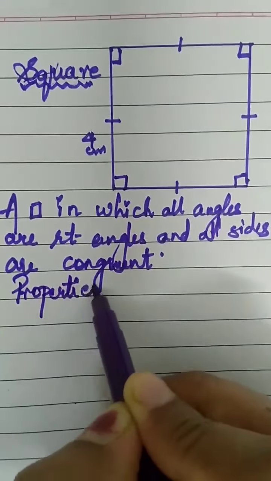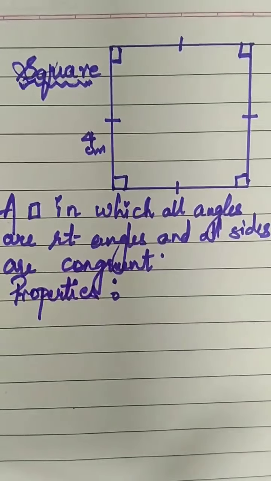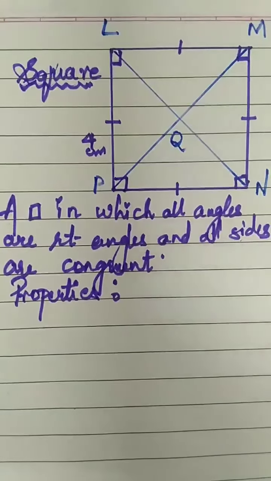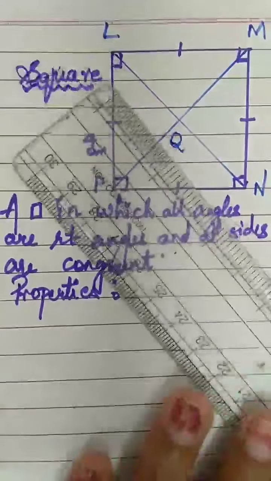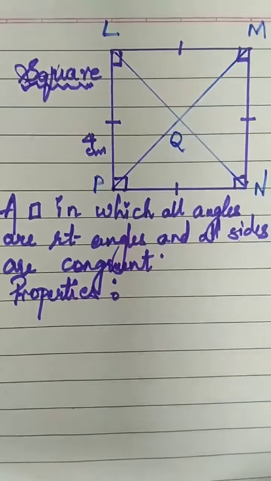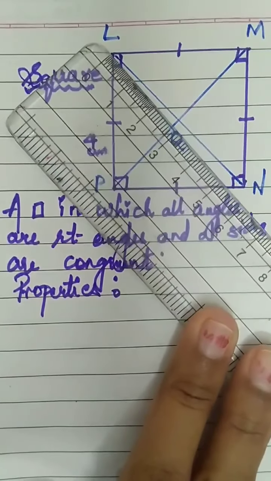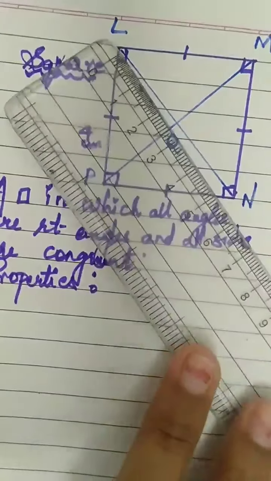The properties of a square. If you look into the properties of a square, again it's very easy. To learn the properties, again I have drawn diagonals for the square. Now let us measure the diagonals of the square like we did for the rectangle.